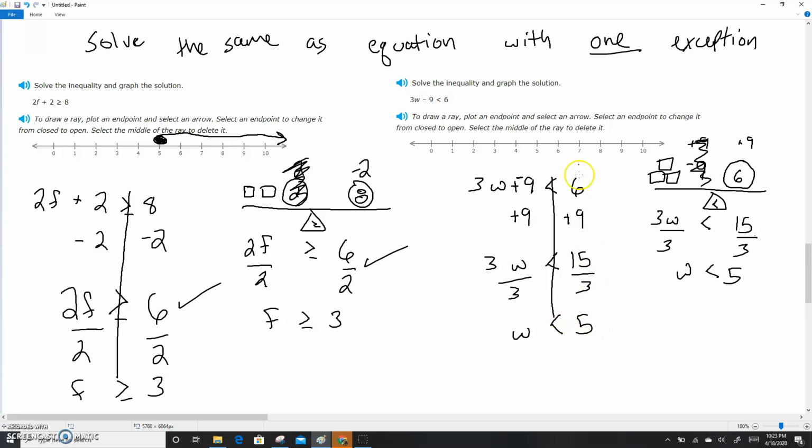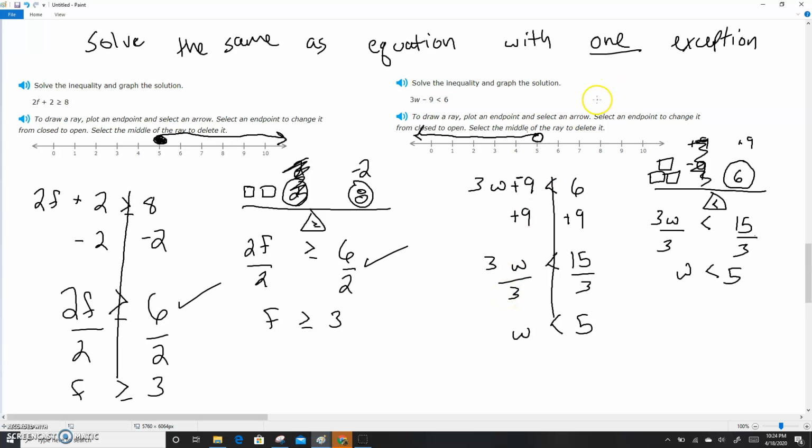Now, we're going to come up to our number line, and you should have heard a difference. It's not just that we're interested in the numbers less than 5 versus greater than. What you didn't hear me say is the phrase equal to. Because our answer is just w is less than 5, my dot is going to be unfilled in.